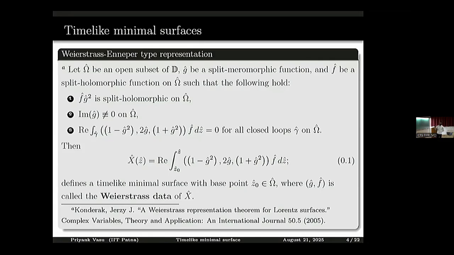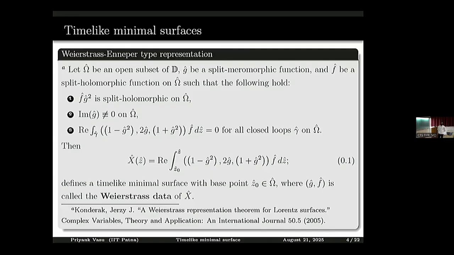Now there is a Weierstrass-type representation, which we have seen for minimal surfaces and maximal surfaces, but here in terms of split complex numbers. Let omega hat be an open subset in D, the split complex plane, G a split meromorphic function, and F a split holomorphic function on omega hat. First, fg squared is split holomorphic.